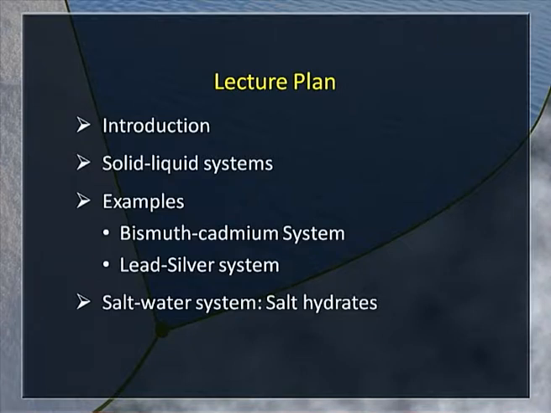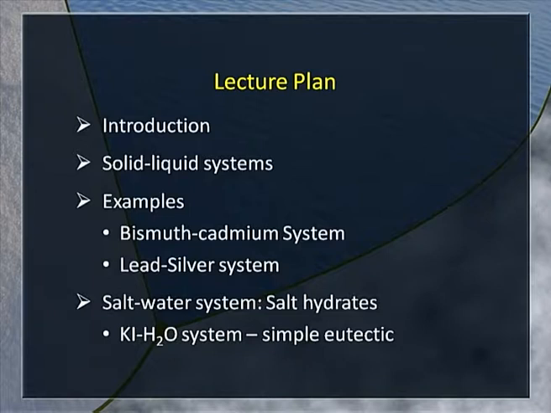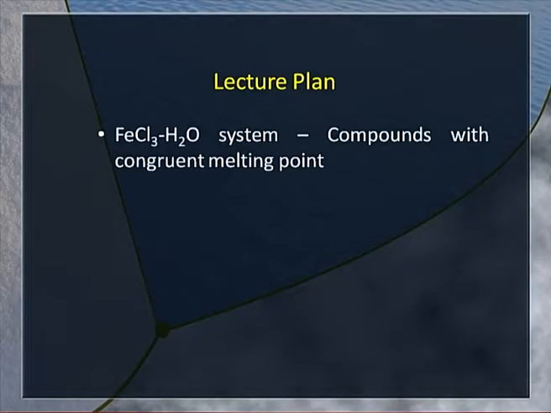We start with the potassium iodide water system. It pertains to a simple eutectic system. The second system that we take for discussion is the ferric chloride water system, where there is compound formation, a very interesting system in the sense that ferric chloride is able to form a series of hydrates.